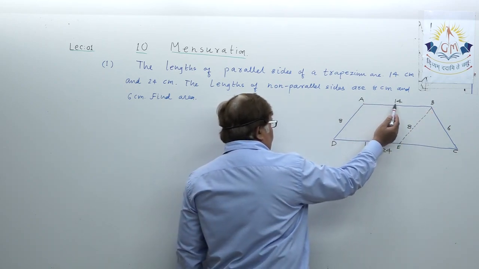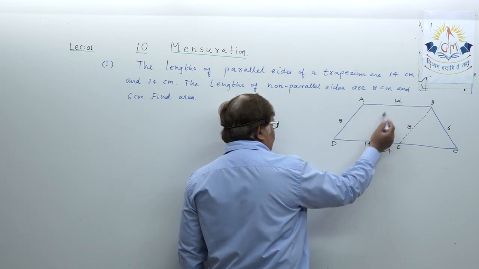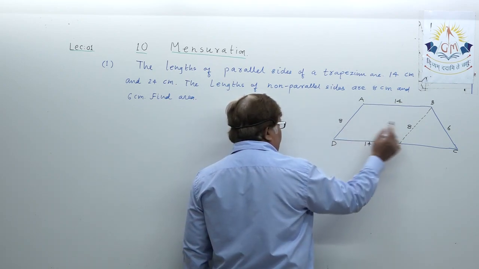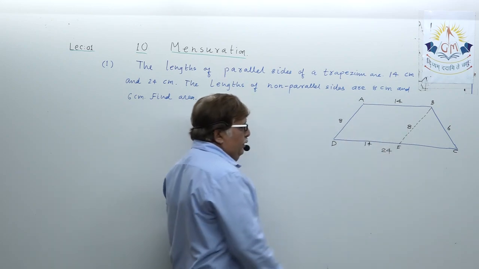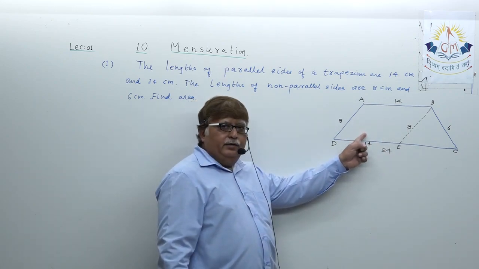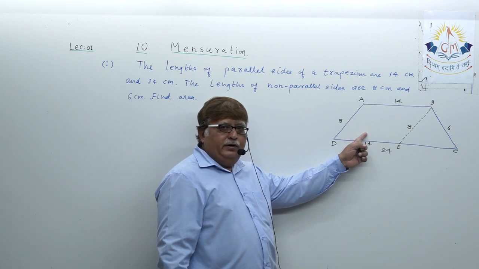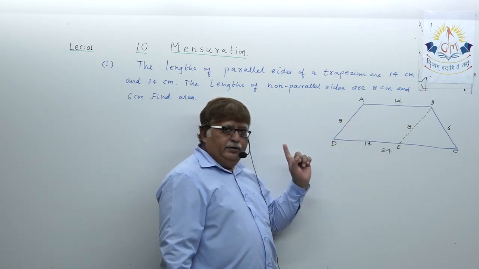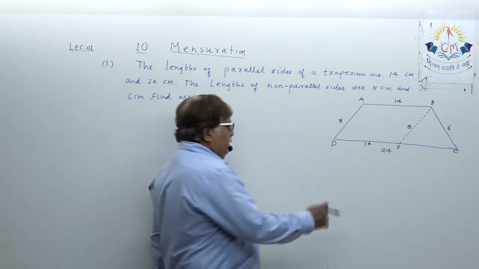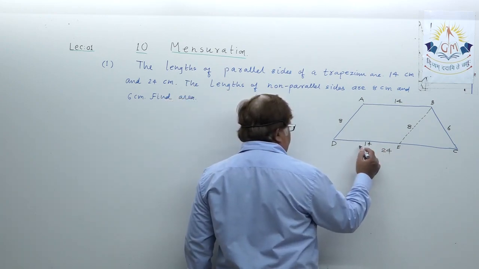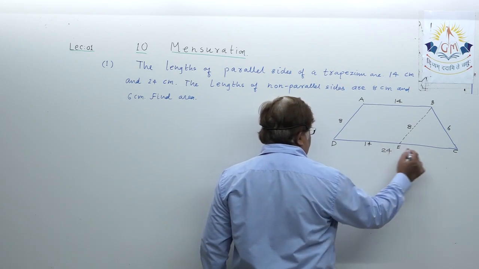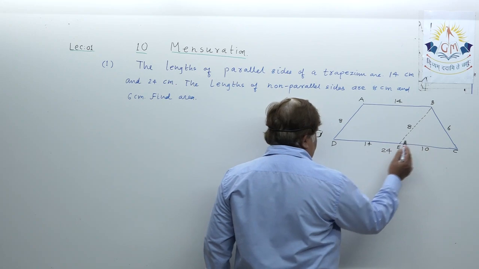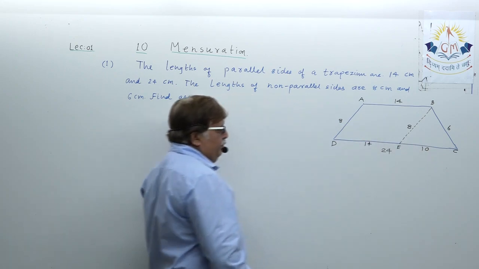See, opposite side 14, 14 and parallel, opposite side 8, 8 and parallel. So quadrilateral having opposite sides parallel and equal is called parallelogram. Okay. Now, dear student, total is 24. This is 14. So this is obviously going to be 10, 24 minus 14.